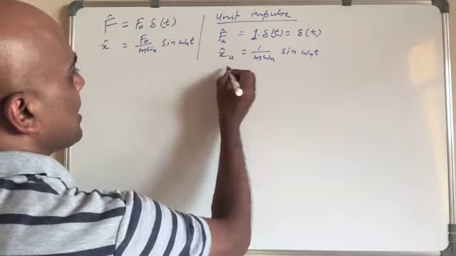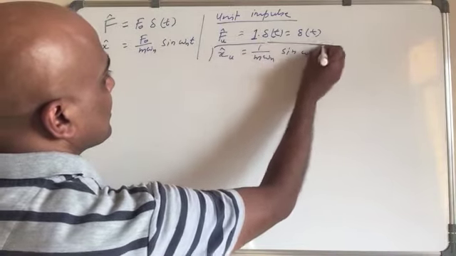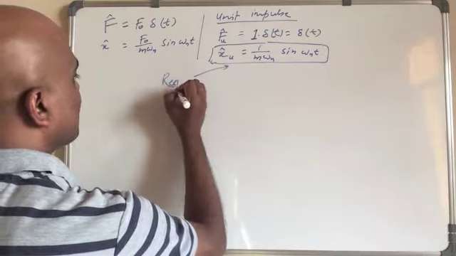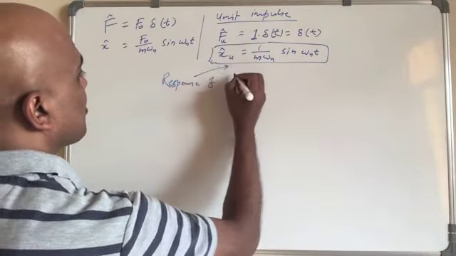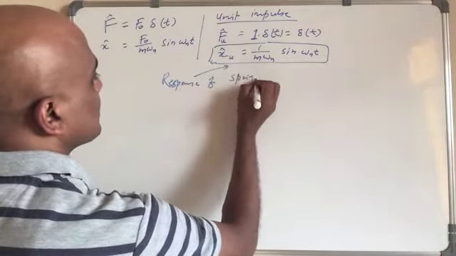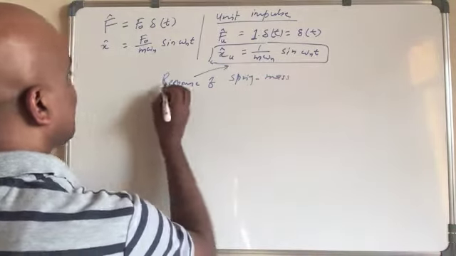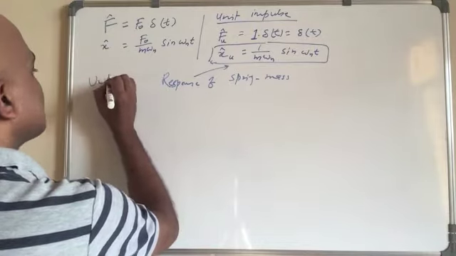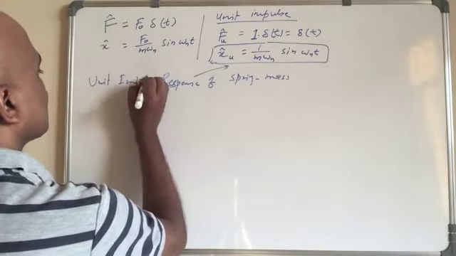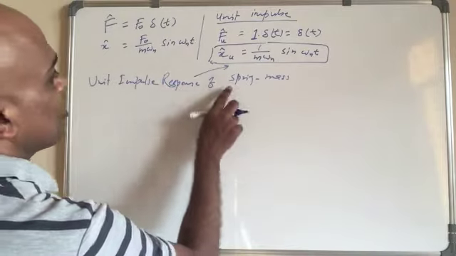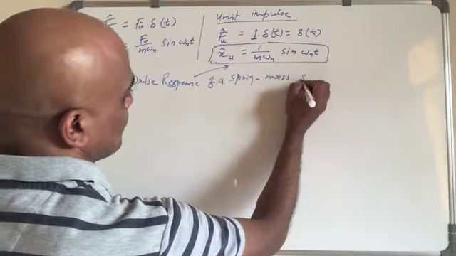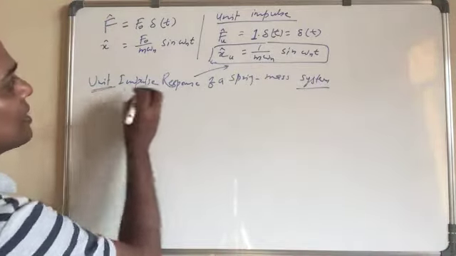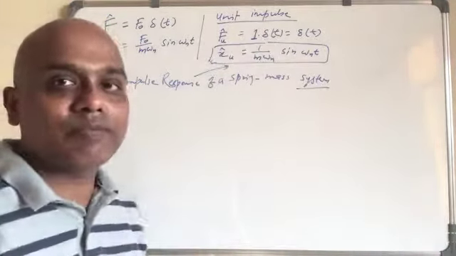So this is the unit impulse response of a spring mass system. So we say like that. So this is a unit impulse because F naught is equal to 1.